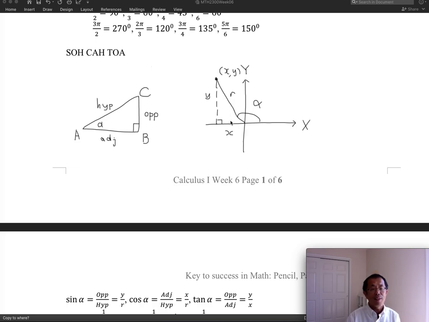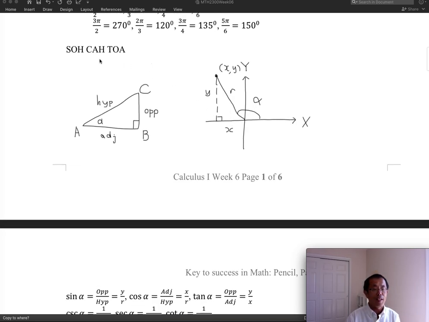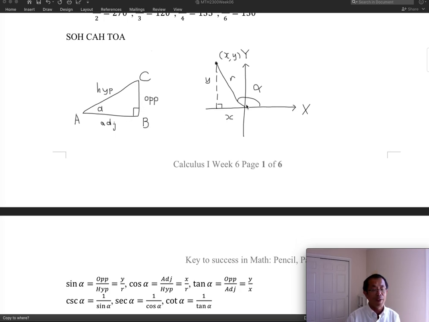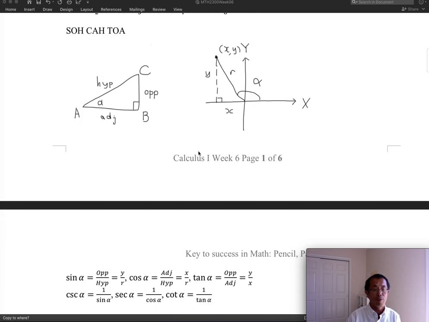So based on this same SOHCAHTOA phrase, when you have an angle which will not fit a right triangle, you can use the same phrase, but you really want to be very careful. It is based on the so-called reference right triangle.